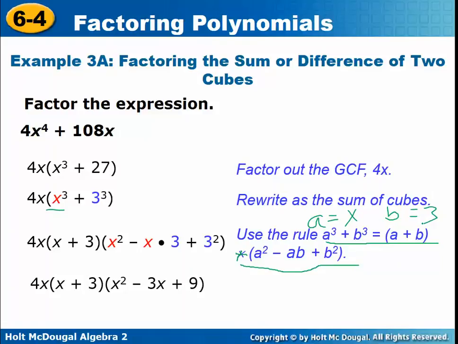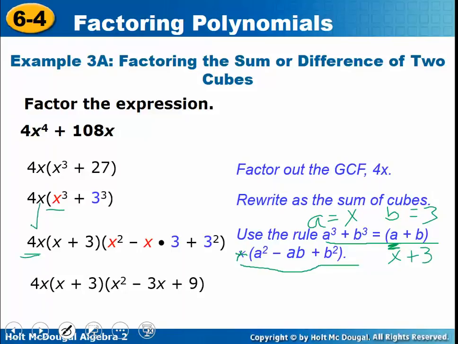So wherever I saw for the rule a cubed plus b cubed, the a is going to be replaced with x, and the b is going to be replaced with 3. The 4x does have to get written out front.